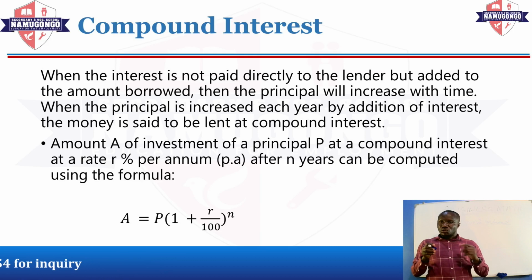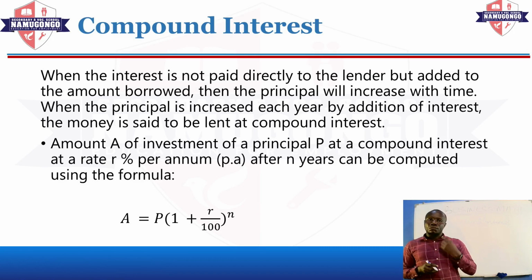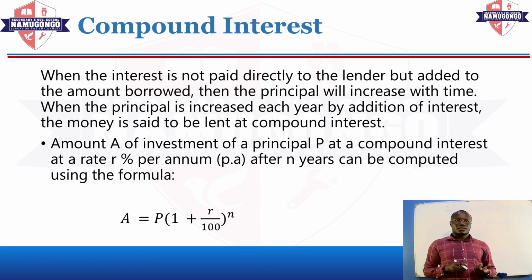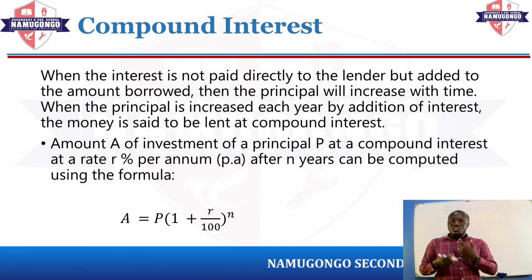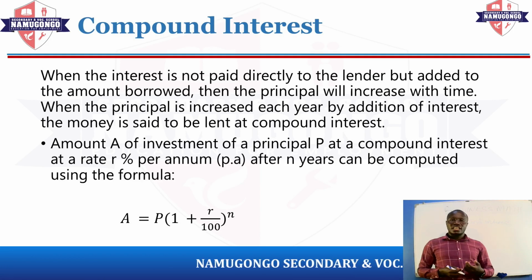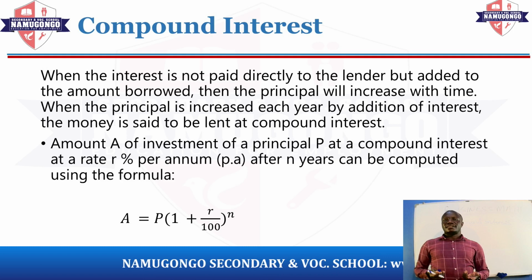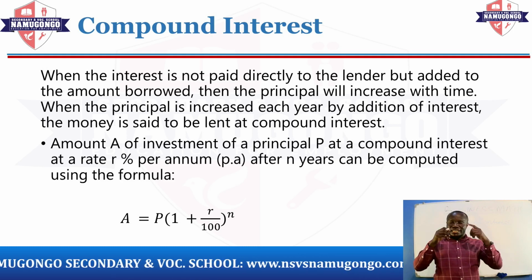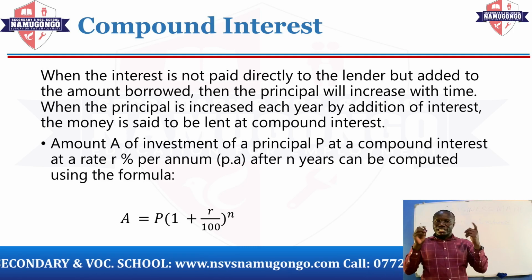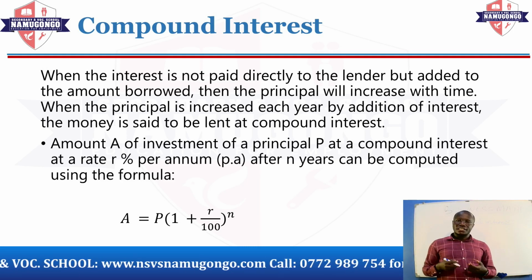I want you to take note of the difference between the two. Here we are calling it the compound interest rate per annum after a given period of time, which can be any number of years, and we shall use the letter N to represent that given period of time.